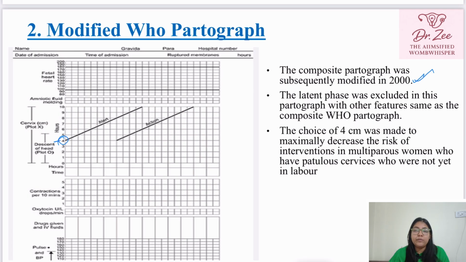And why did it jump from 3 centimeter to 4 centimeter as the start of active phase? It was made to maximally decrease the risk of intervention, because in multiparous patients the cervix is already spatulous and one to two fingers dilated, so it would lead to unnecessary intervention in those patients. That is why the active phase has been started from 4 centimeter.